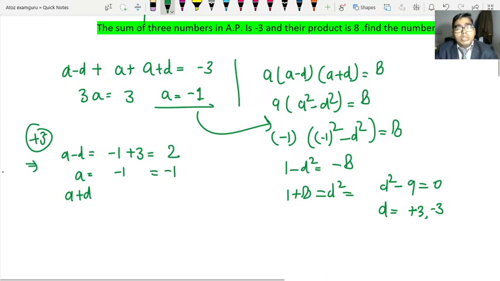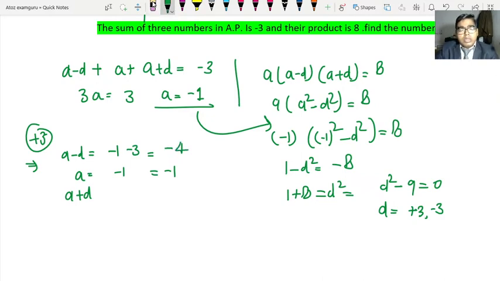We have done some mistake in this case, friends. It is a minus d, that means minus 1 minus 3, so this number will go to minus 4, right? And a is minus 1. And it is a plus d, a plus d means minus 1 plus 3, so this number will go to plus 2, right?